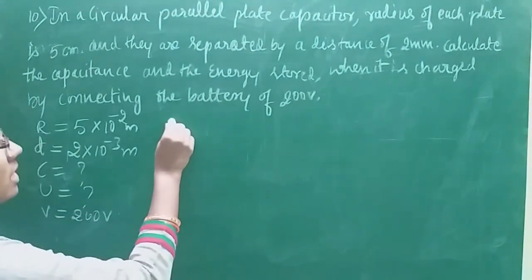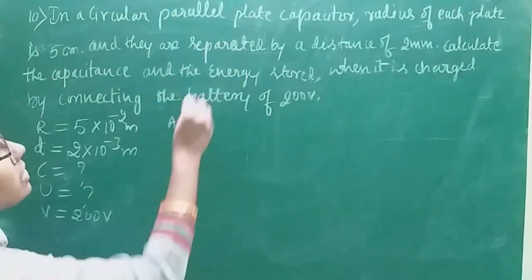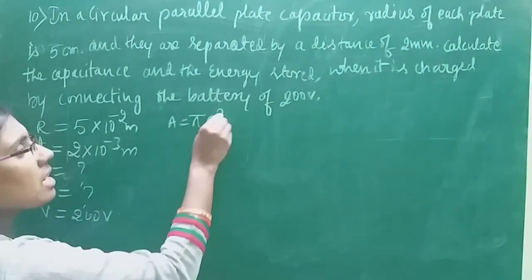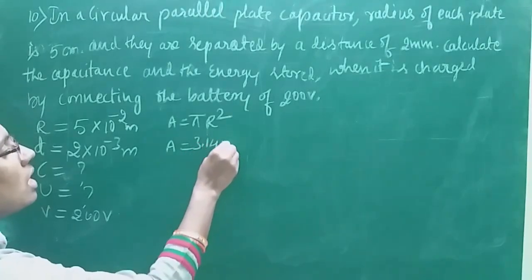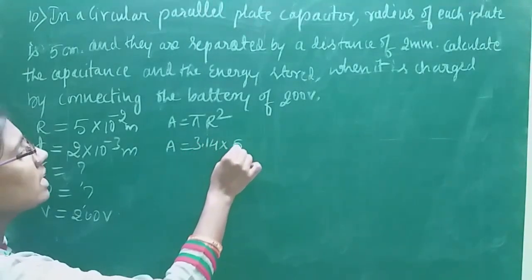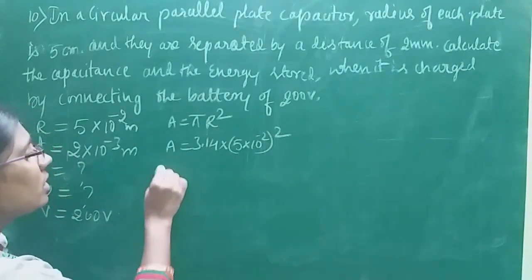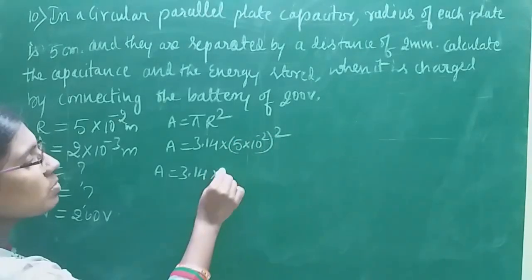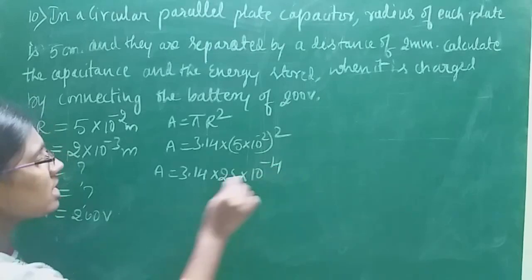First we need to calculate the area of each plate. Since it is a circular parallel plate capacitor, the area of a circular plate is pi r square. So A can be written as 3.14 into 5 into 10 to the power of minus 2 whole square. 5 square means 25 into 10 power minus 2 whole square, means 10 to the power of minus 4.